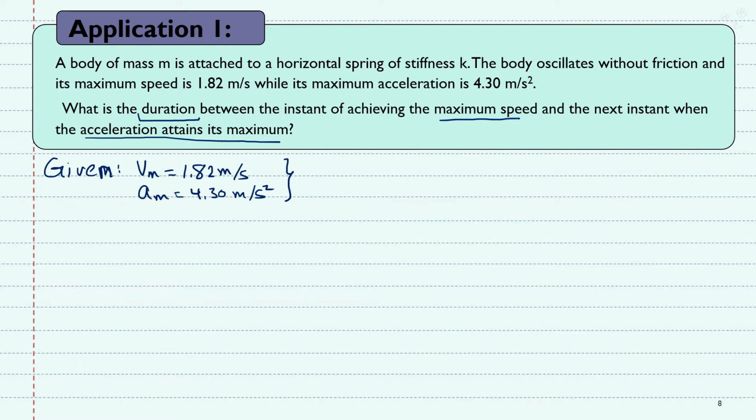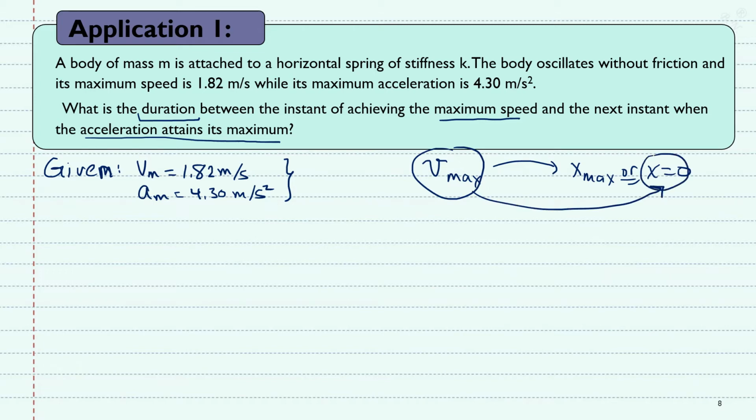Now we know that maximum speed, Vmax, can be related to x being 0, right? We know that Vmax occurs when x is 0. But we have nothing to do with acceleration. On the other hand, we know that acceleration is minus omega squared x, as we have seen before. So indirectly we can say that Vmax corresponds to x being 0 and thus corresponds to a being 0.